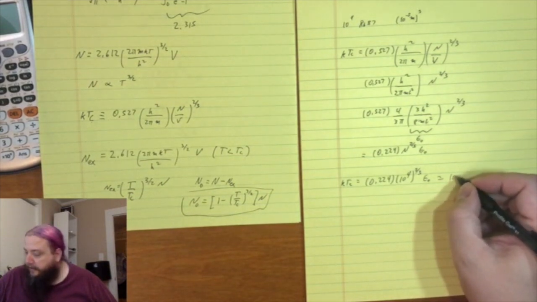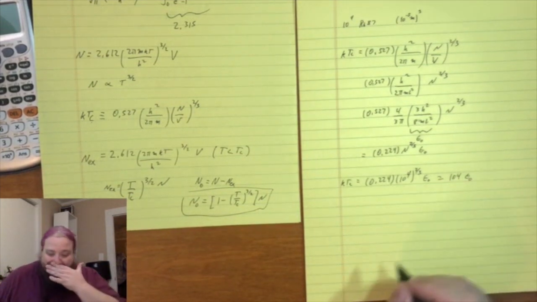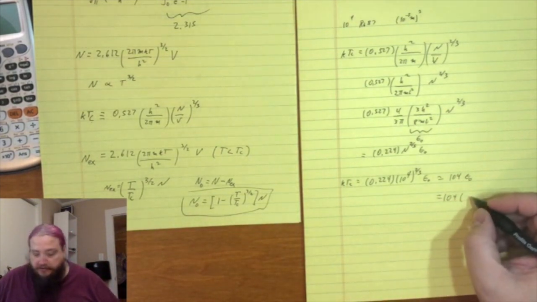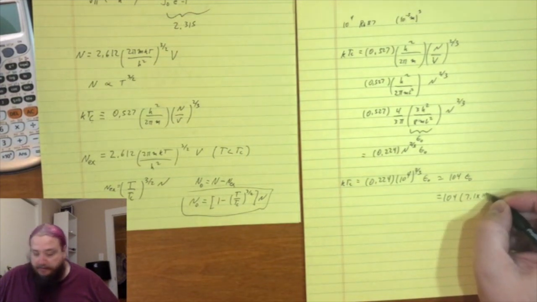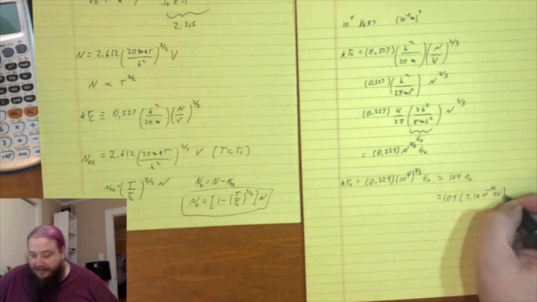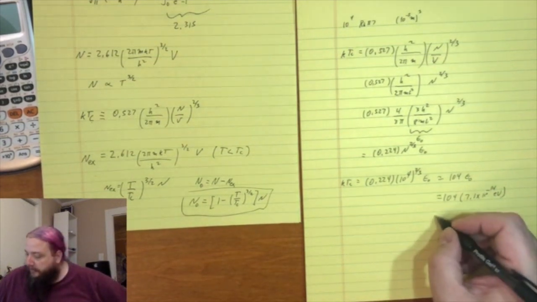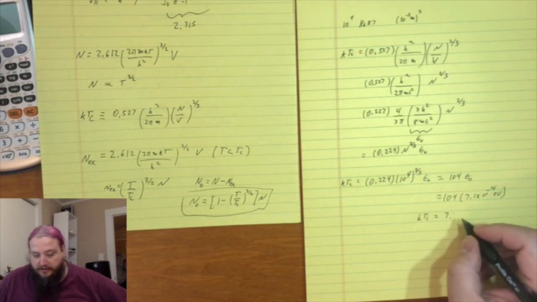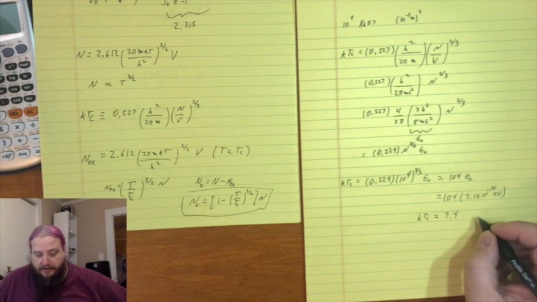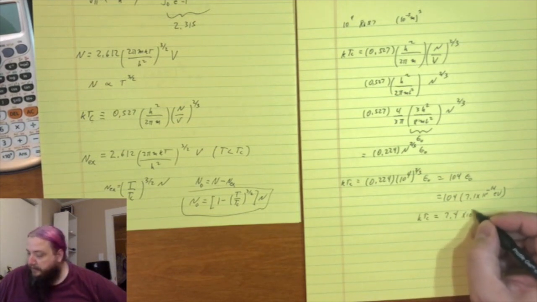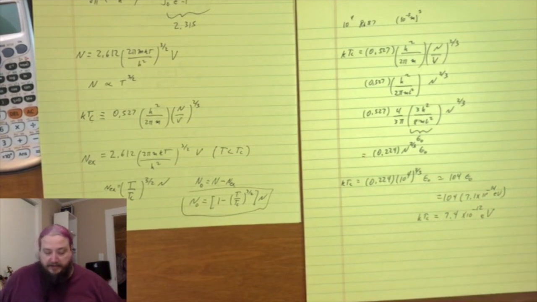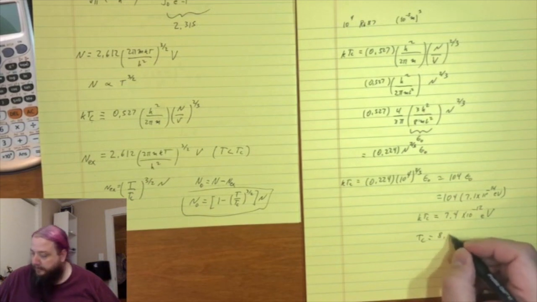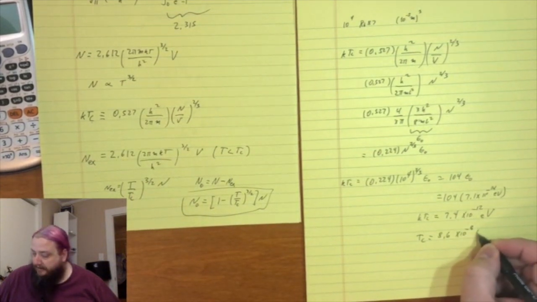This comes out to be about 10^4 times our ground state energy, which was 7 times 10 to the minus 14 eV, which gives us a kTc of 7.4 times 10 to the minus 12 eV, or a critical temperature of 8.6 times 10 to the minus 8 Kelvin.